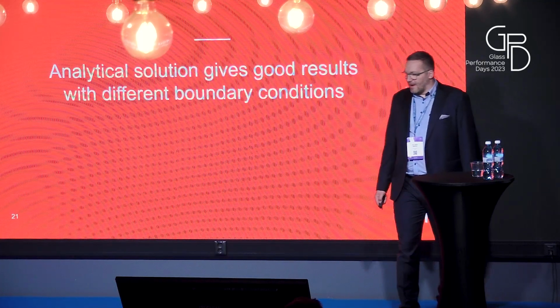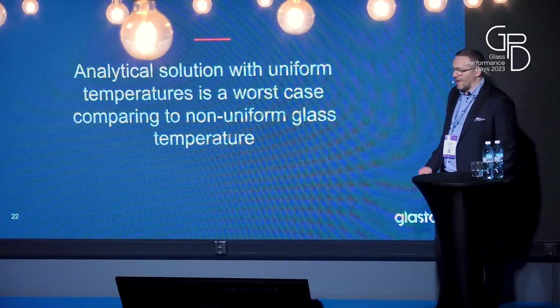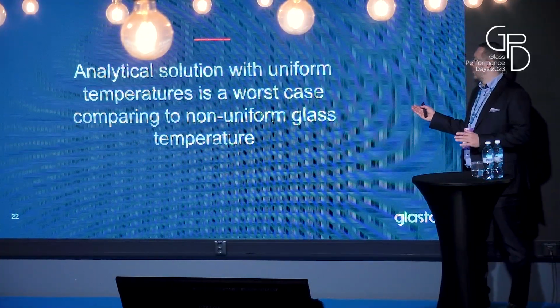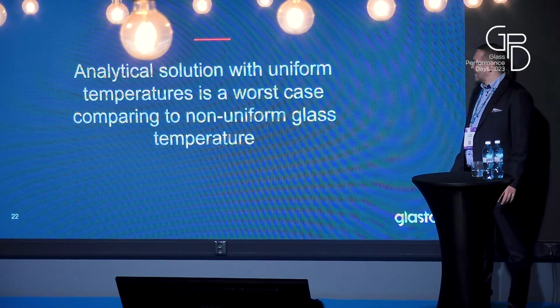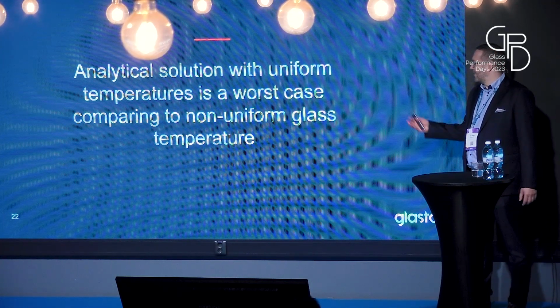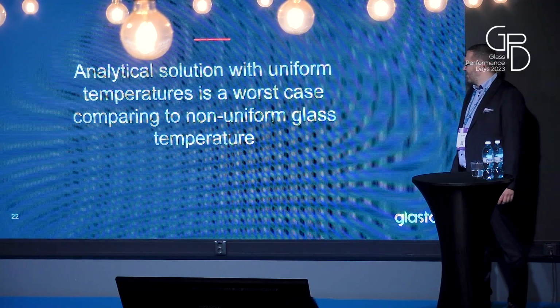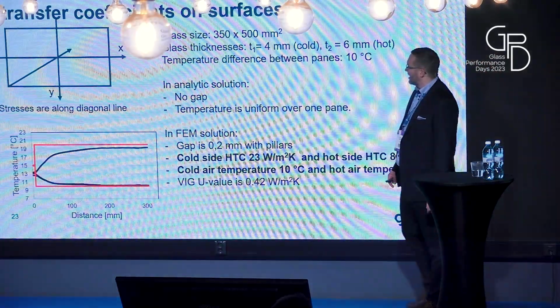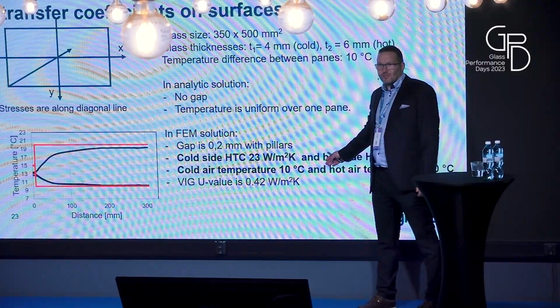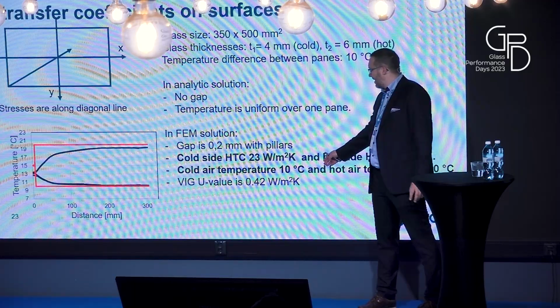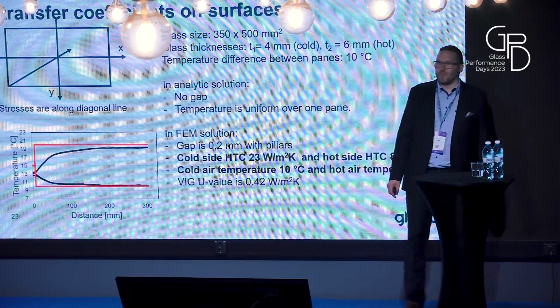And then I have a couple more results where we have compared these uniform temperature cases, which are kind of worst case scenarios, with non-uniform glass temperatures. So this means that instead of having a constant temperature on the surface of glass panes, we are also including the heat transfer coefficient.